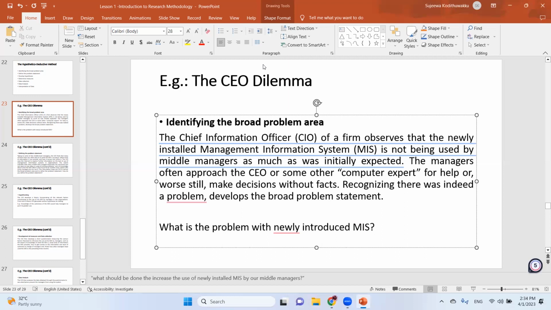One student mentioned the problem available in this organization is linked with the introduced MIS. What is the problem, or what are the problems, of the newly introduced MIS? It means there is a problem in the newly introduced MIS.